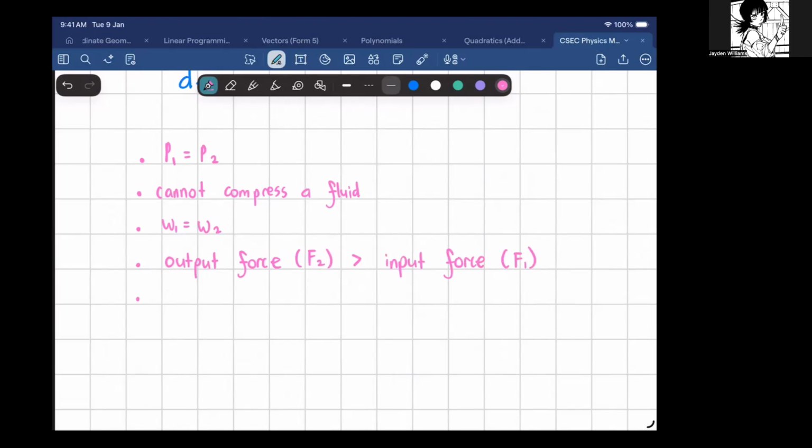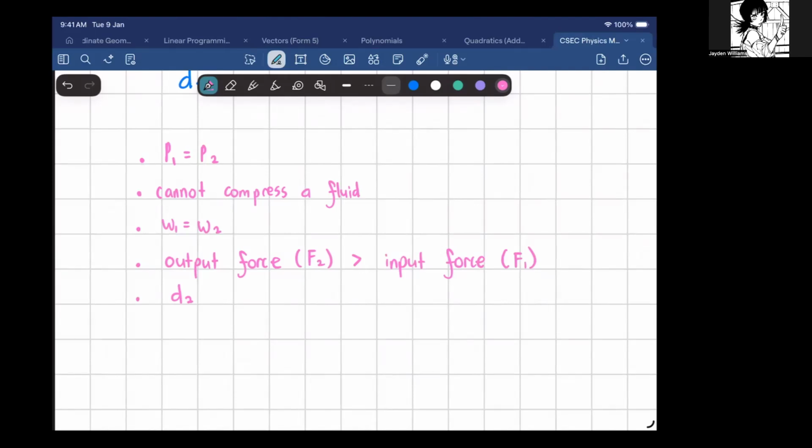What about D2? D2 will be what? If you're comparing D2 and D1, D2 will be what? Tell me, Jadon, what would D2 be? Is the distance of the second plunger, I guess. The plunger, yeah.